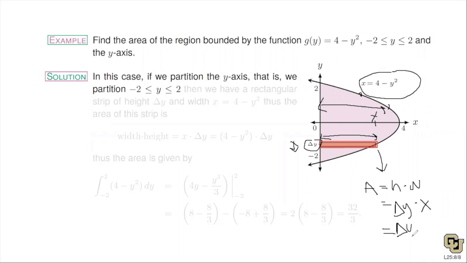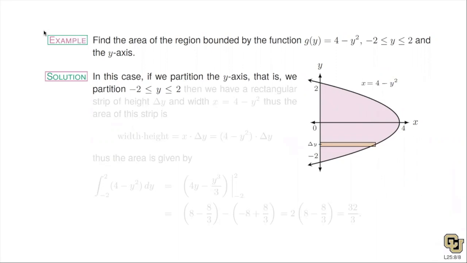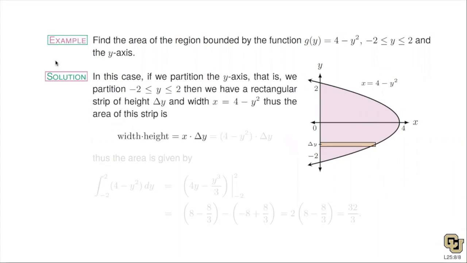Since we partitioned the y-axis, the height is delta y, and y is our independent variable, the input variable here, we want everything in terms of y. So instead of writing x, I write x in terms of y, and here we know x equals 4 minus y squared. So I'm able to write down a formula for the area of one of these strips, and that allows me to build the integral.